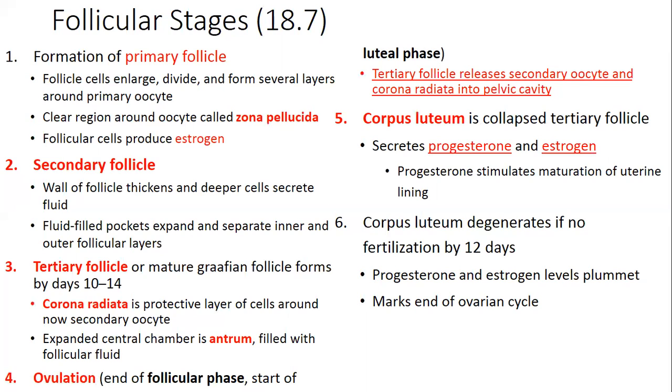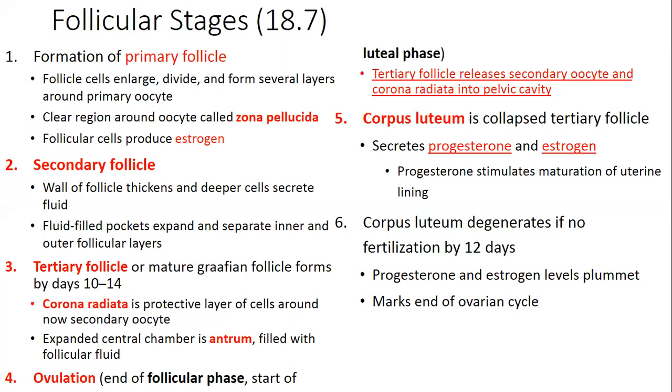If fertilization doesn't occur, then by about day 12 to 14, progesterone and estrogen start to plummet because the corpus luteum degenerates. If there is no sperm fertilizing the oocyte, then obviously there's no signal from that.